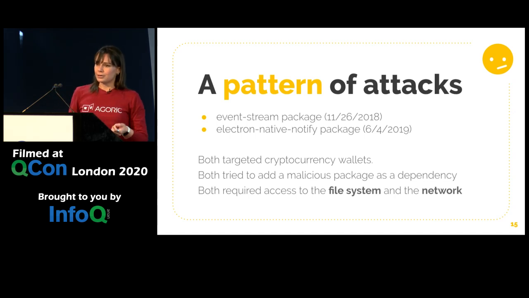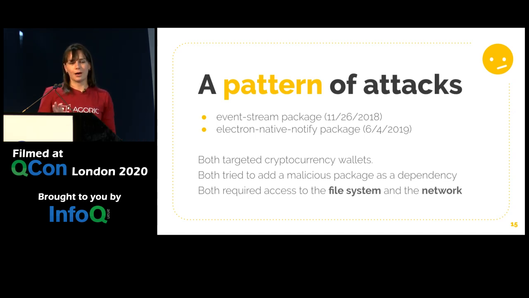So this volunteer made some changes, but they also managed to insert a malicious package dependency in the event-stream package. This malicious package was specifically targeted at a specific cryptocurrency wallet. What it tried to do was take the Bitcoin private keys, exfiltrate them, or send them over the network, and ultimately steal Bitcoin.